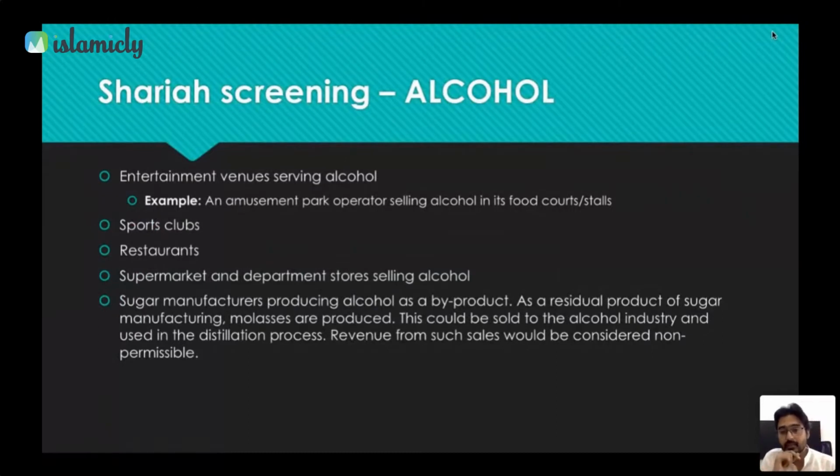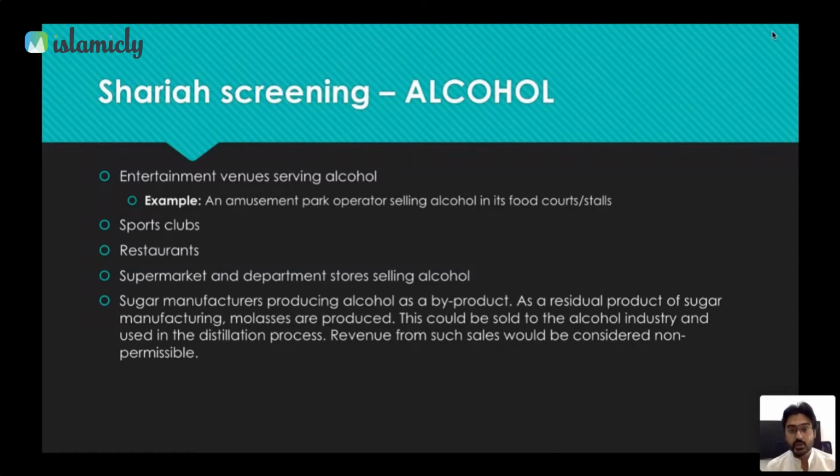In addition, while we screen for entertainment venues and event organizers, we also look at entertainment venues which serve alcohol. For example, an amusement park. There are a lot of listed amusement parks today. For an amusement park operator selling alcohol in its food courts or stalls, the percentage of revenue it earns from selling alcohol will be considered non-compliant.